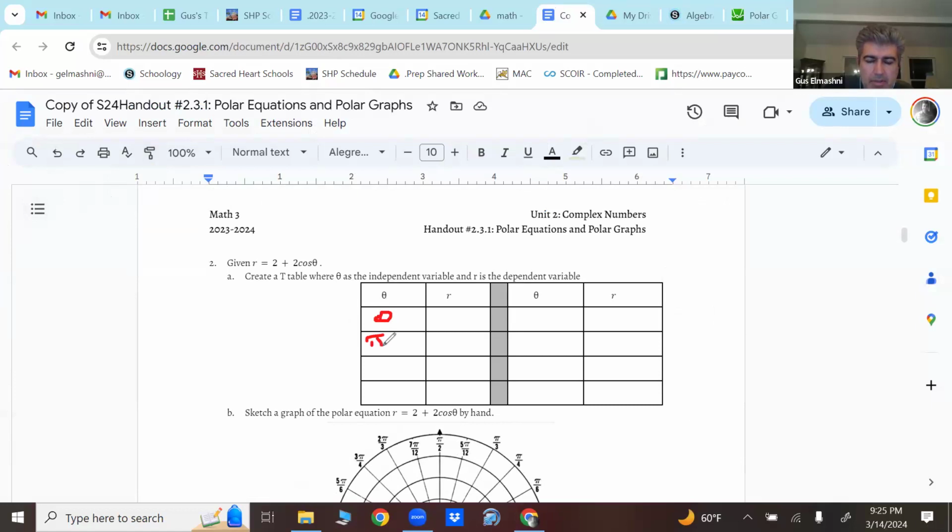So if you put in 0, that's 2, that's 4. Pi over 4, 2 plus root 2.